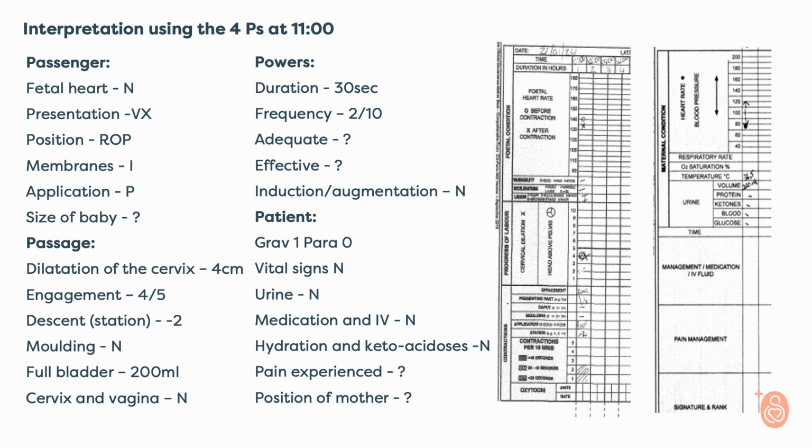So in this case, the fetal heart was normal, so we're happy that at least it's going well with the fetus. And then on this partograph, there's also a place to record the decelerations and the variability. That was good in this case. You can't remember, I see it on so many partographs.